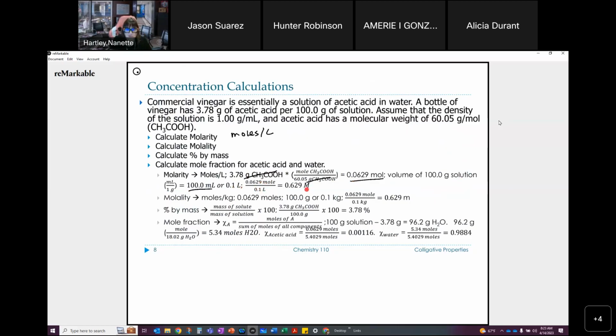Again, I don't normally set this up as multiple calculations, but it's perfectly fine for you to do so. One of the things that I talk about is: convert to moles. So I converted to moles, and then I looked at my definition and said, I need to get that over the liters. So let me manipulate this to get those liters that I need. All right, so that's my molarity.